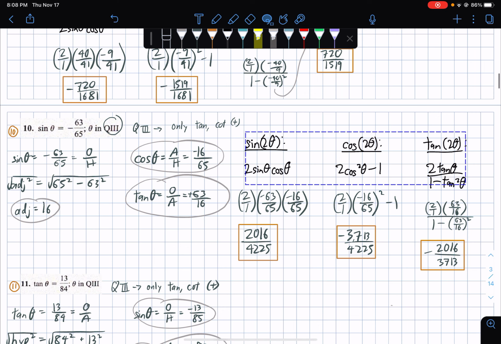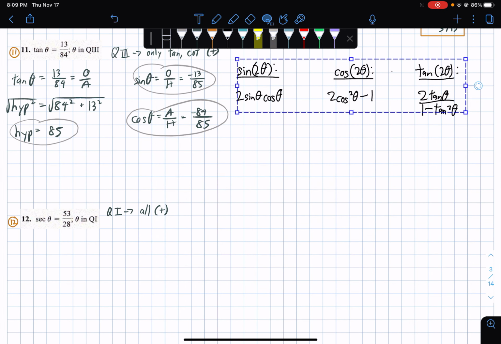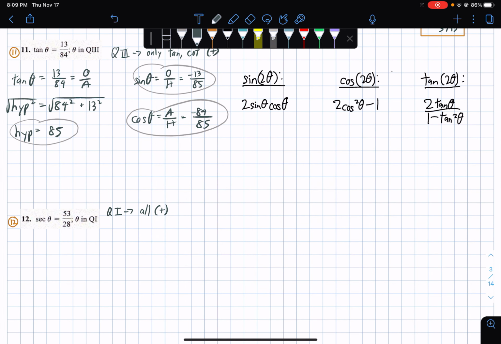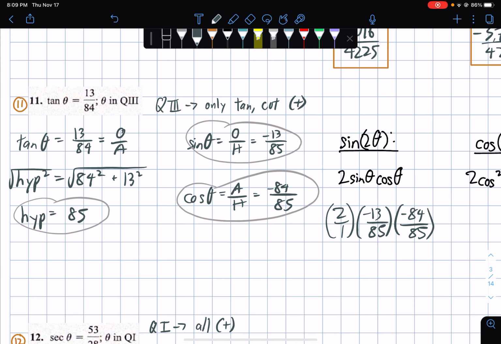Again, copy paste. Okay, so 2 times sine theta, which is negative 13 over 85, times cosine theta, which is negative 84 over 85, we get 2,184 over 7,225.